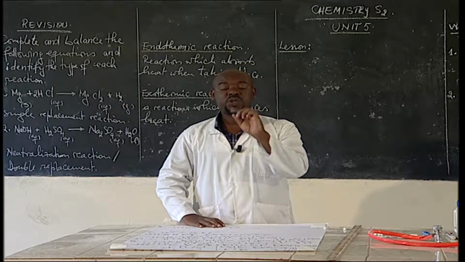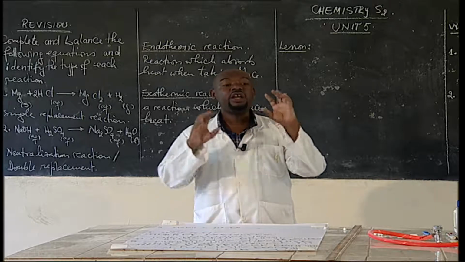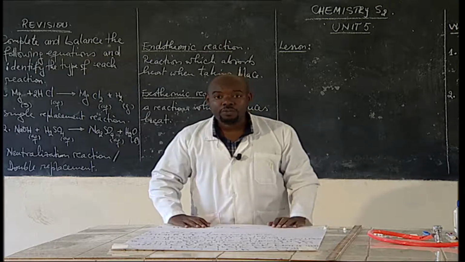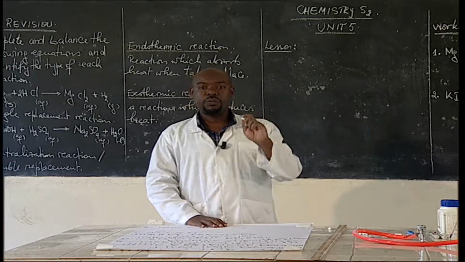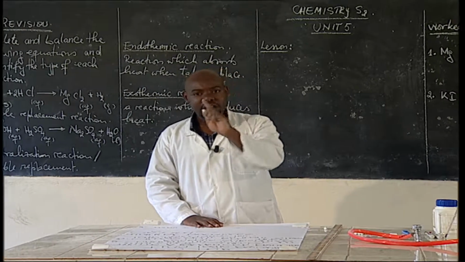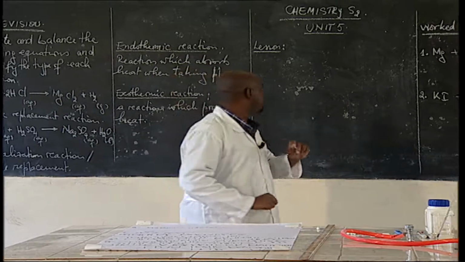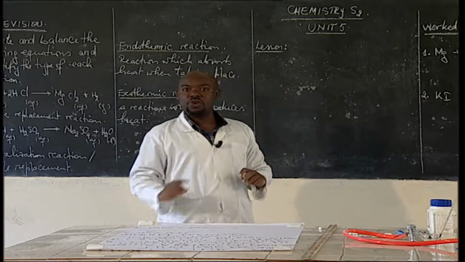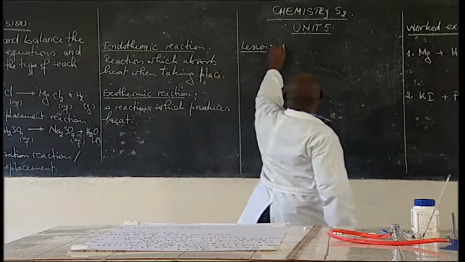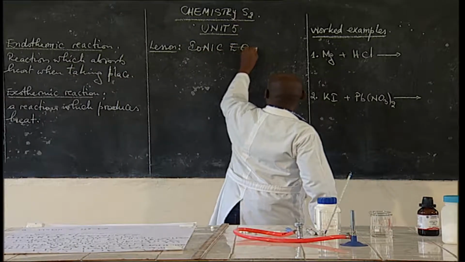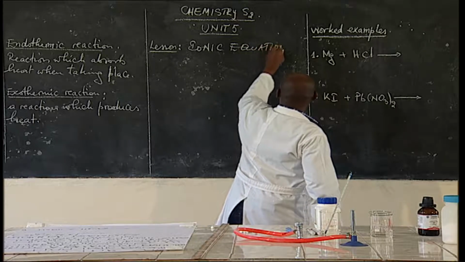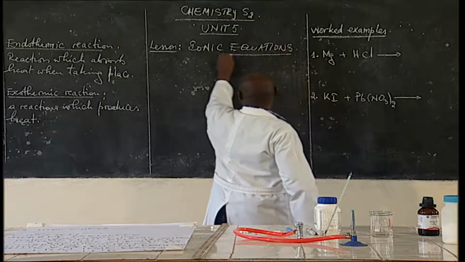But there is a possibility of writing equations in another form, the form we call ionic form. With the ionic form, we write ionic equations, and that is the new lesson of today. Ionic equations. How do we write ionic equations?